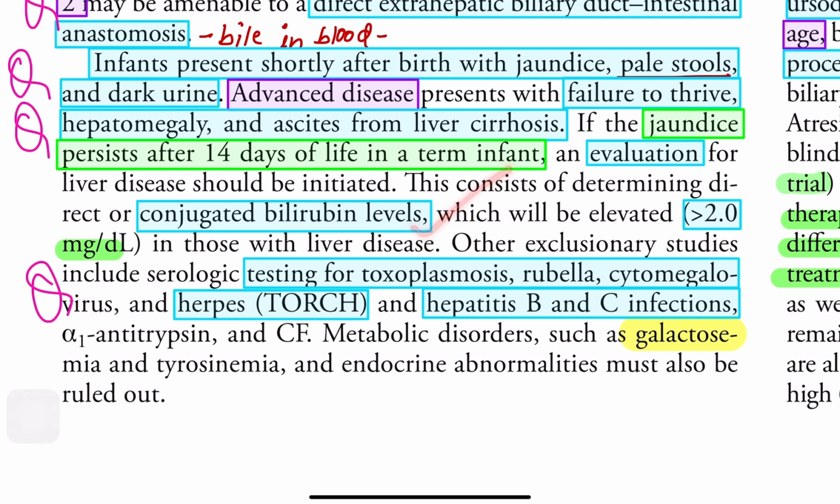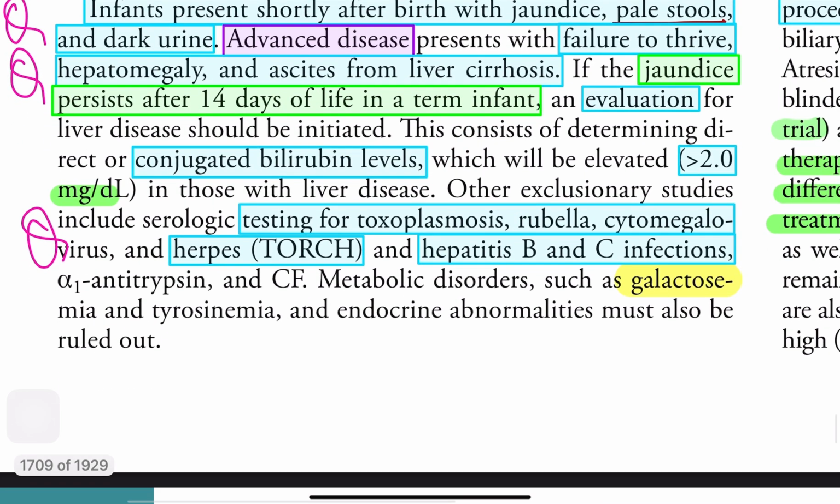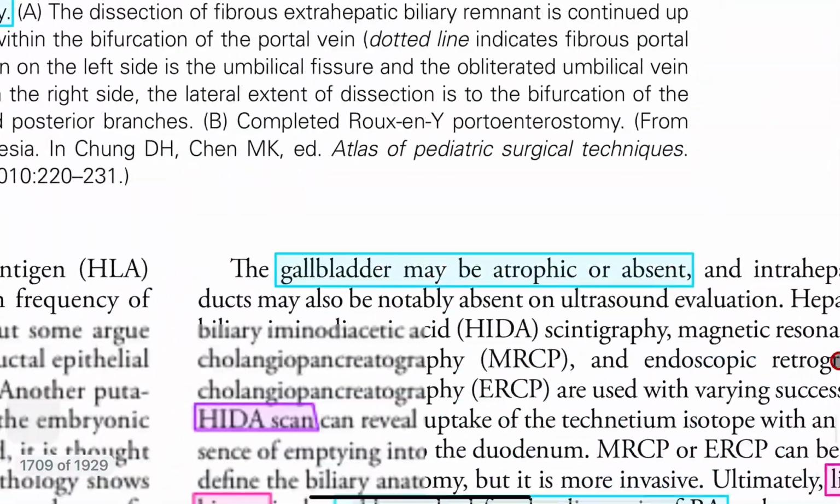Look at the conjugated bilirubin level, which should be more than 2 mg per dl, and look for TORCH infection: T for toxoplasmosis, O for others, R for rubella, C for cytomegalovirus, H for hepatitis B and C.